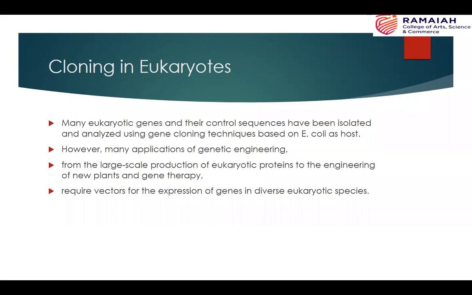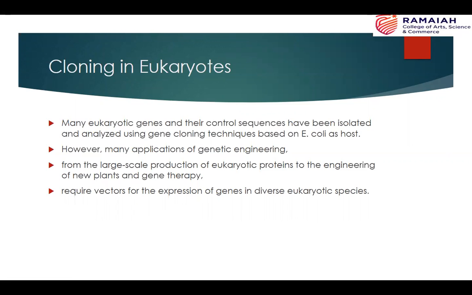That work had been done, but still there are many applications of genetic engineering, for example, from the large scale production of eukaryotic proteins to the engineering of plants, animals, and gene therapy. Such applications require vectors for the expression of genes in different eukaryotic species.